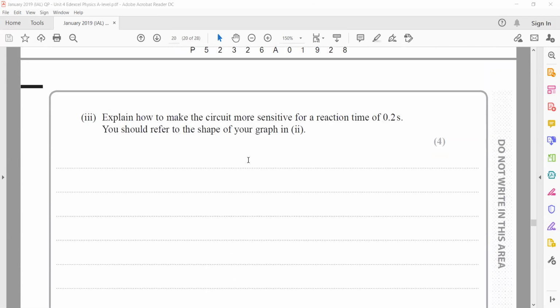Explain how to make the circuit more sensitive for a reaction time of 0.2 seconds. You should refer to the shape of the graph in 2. So how can I make my circuit more sensitive?